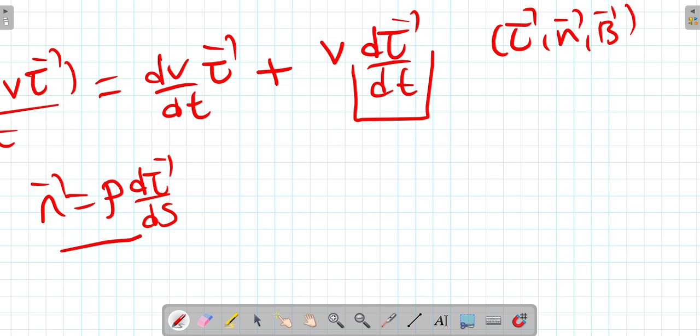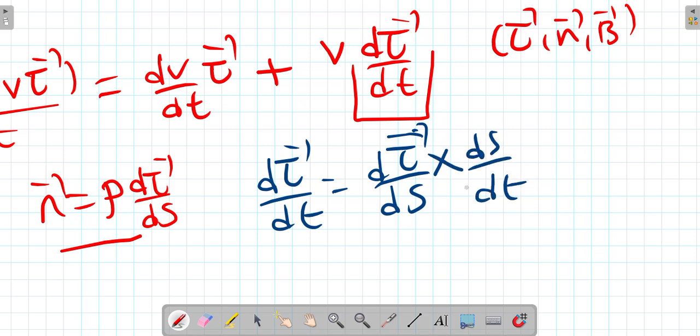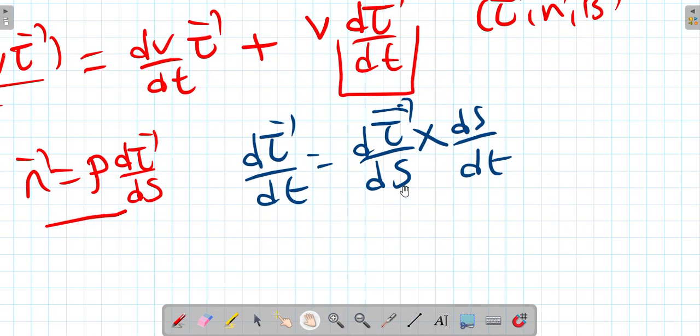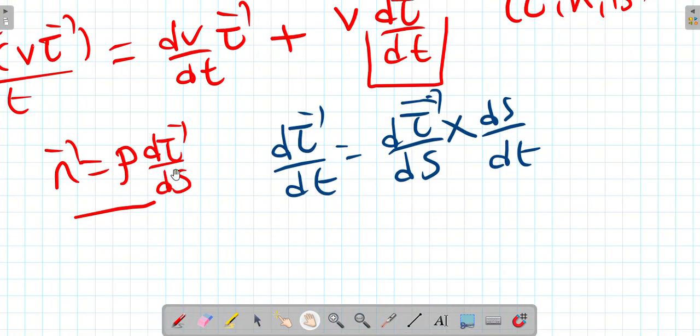So getting this part of the expression, d tau over dt, we can write it as d tau over ds, then to complete it, I'm going to say ds over dt. I haven't changed anything, I've divided and multiplied. Now from the expression of the normal vector, we have d tau over ds.